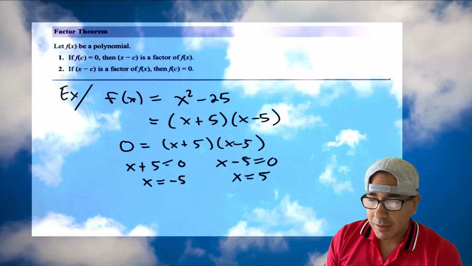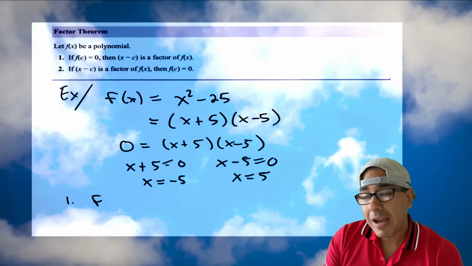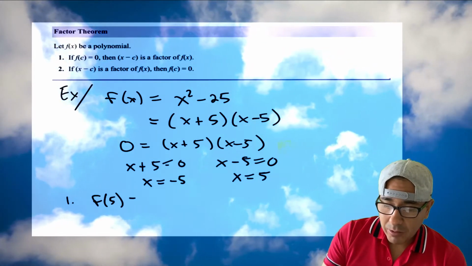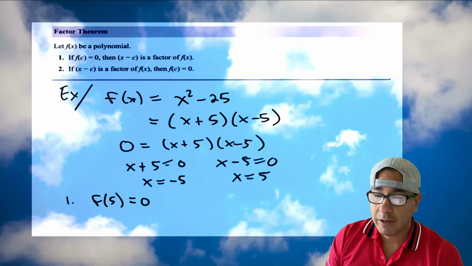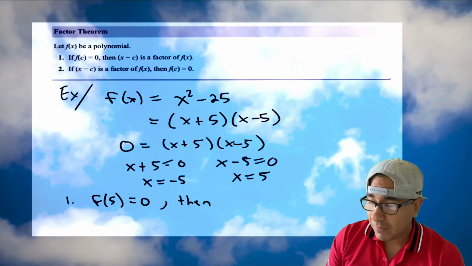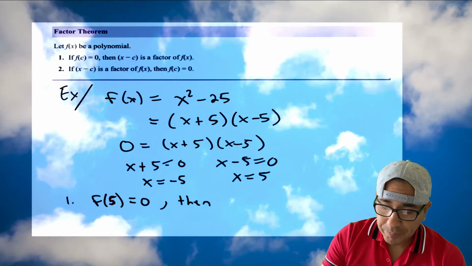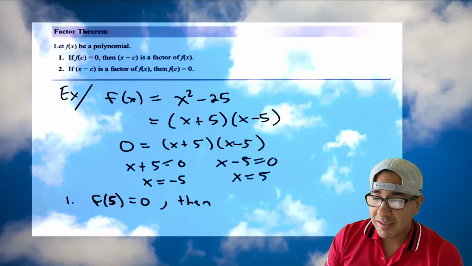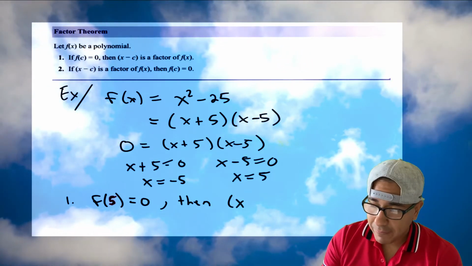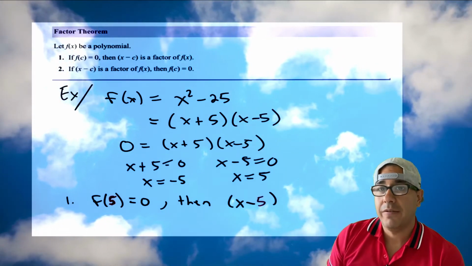All right, so what this theorem is saying, let's say part 1, is: I know that 5 is a zero. So if f of 5 equals 0, which we know it does for this function, then this theorem tells us that x minus 5 is a factor of f of x.